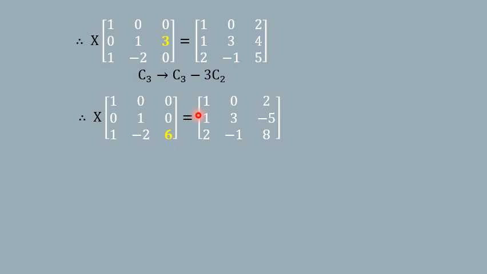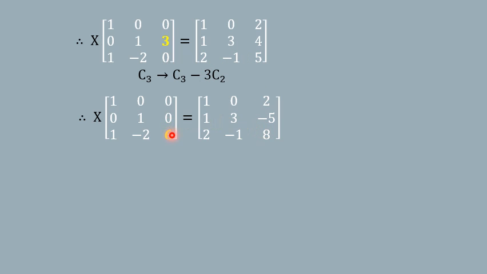Now on the right hand side, the first column and second column stay as they are. Now multiply the second column by 3 and subtract it from the third column. So 2 minus 0, answer will be 2. Now here 3 threes are 9, so 4 minus 9, answer will be minus 5. And here minus minus becomes plus, so 5 plus 3, answer will be 8.